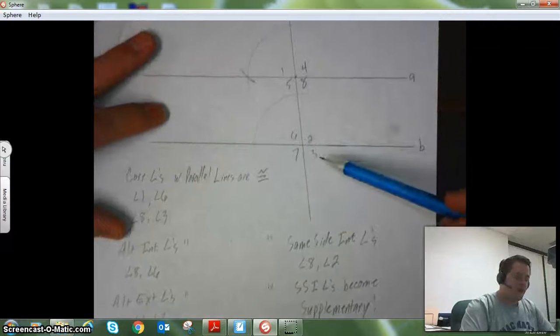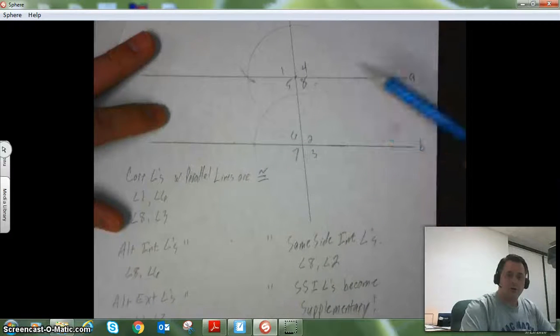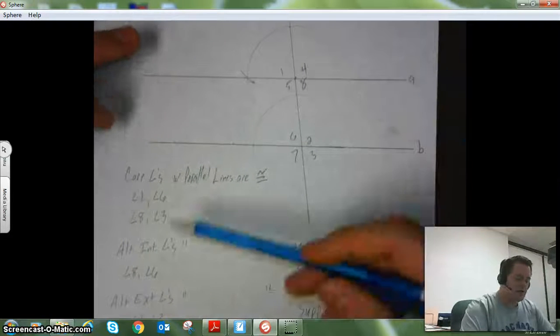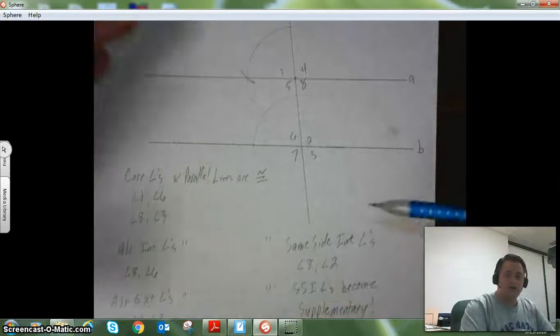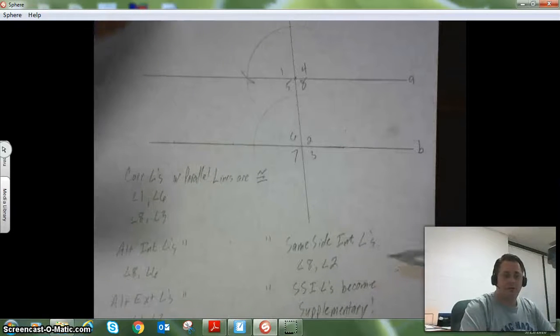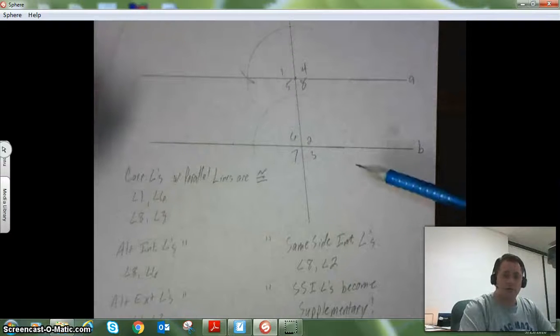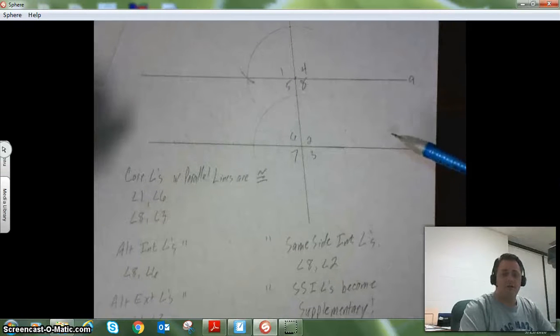Now that, coupled with the fact that vertical angles are also congruent, there's a lot of information going on here that at first glance you may not recognize, but there are some relationships here that you need to understand.